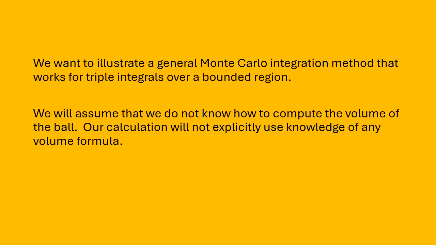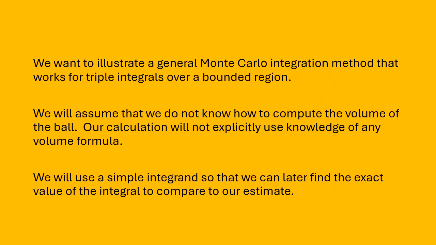We're going to use a ball because it's a simple geometric object, and we do want to evaluate things exactly later on to compare with our estimations. So we'll use a simple integrand so that we can later find the exact value of the integral and compare it to our Monte Carlo integration estimate.